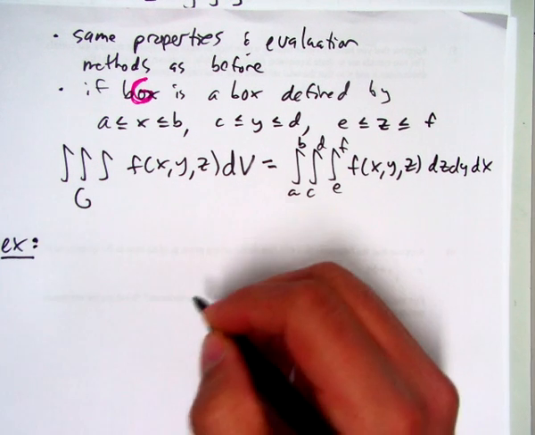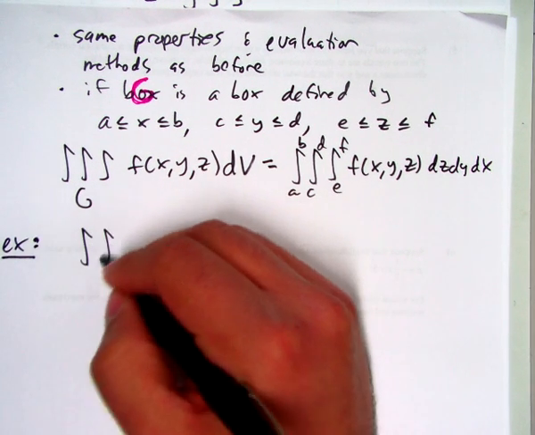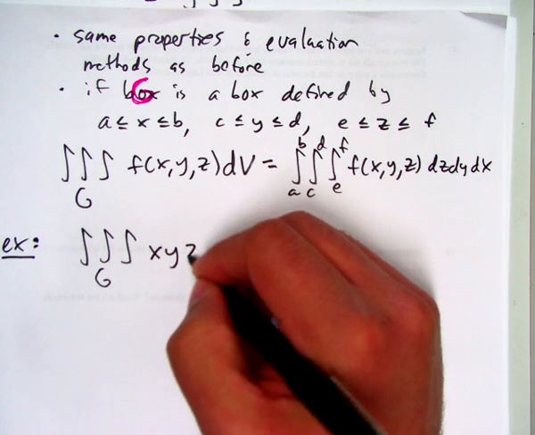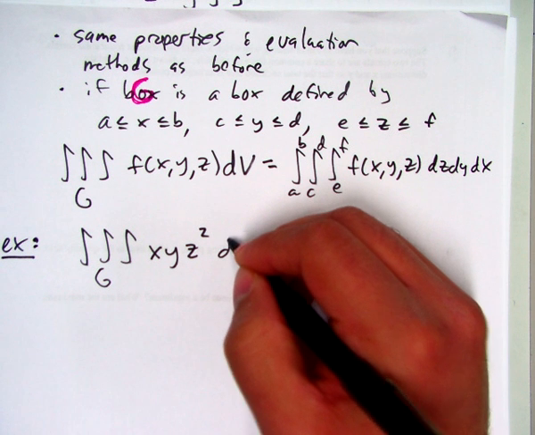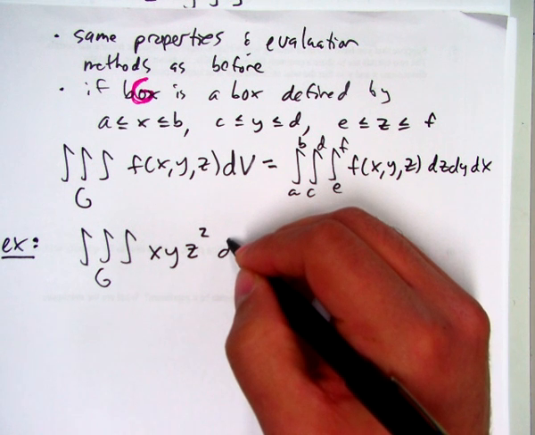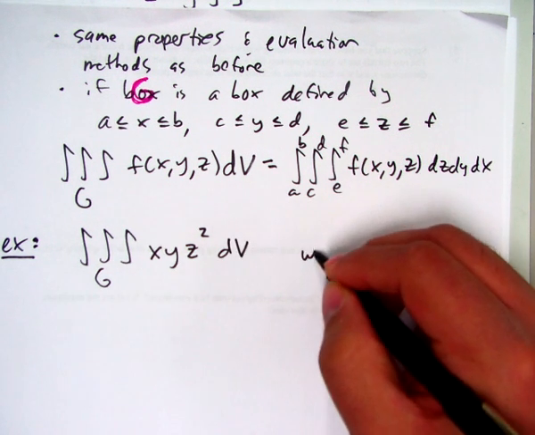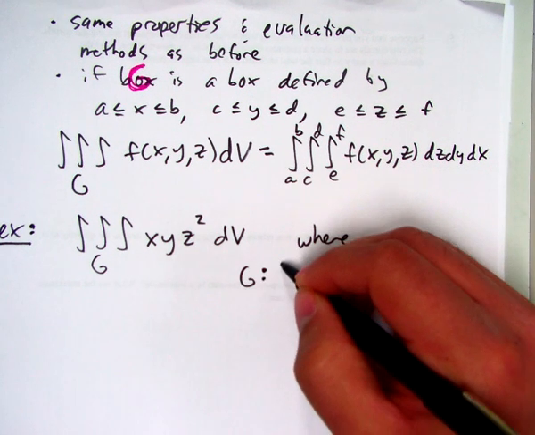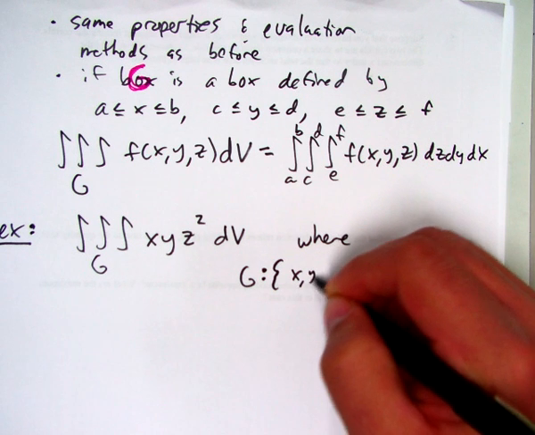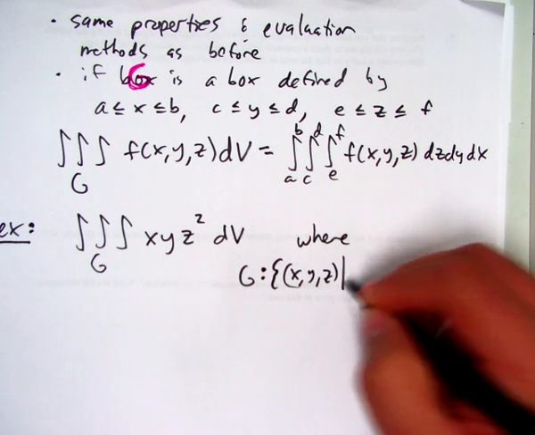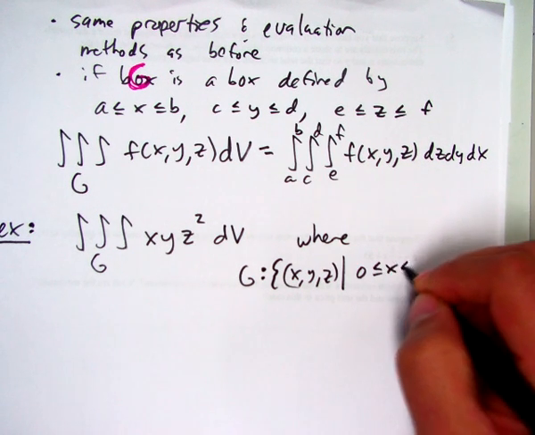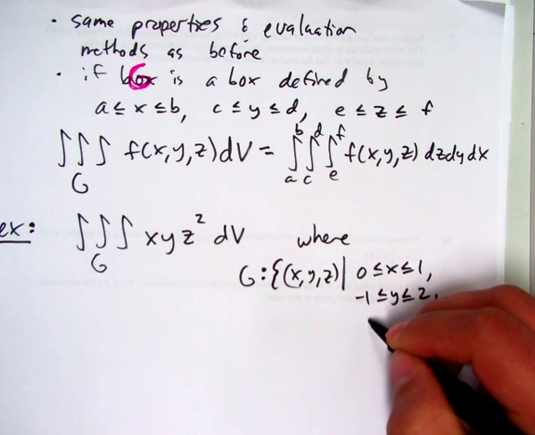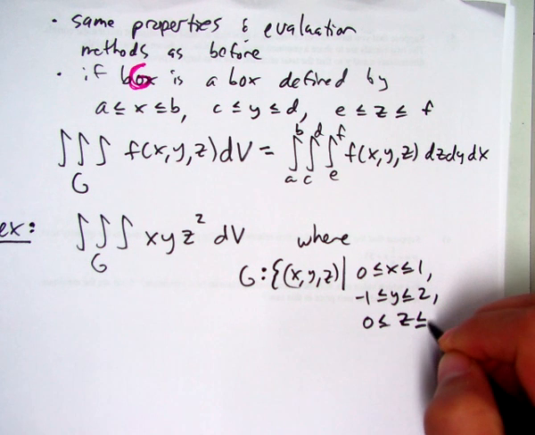So let's say we're evaluating the triple integral of x, y, z squared dv, where G is defined by x, y, and z such that 0 is less than or equal to x, which is less than 1, negative 1 is less than or equal to y, which is less than 2, and 0 is less than or equal to z, which is less than or equal to 3.